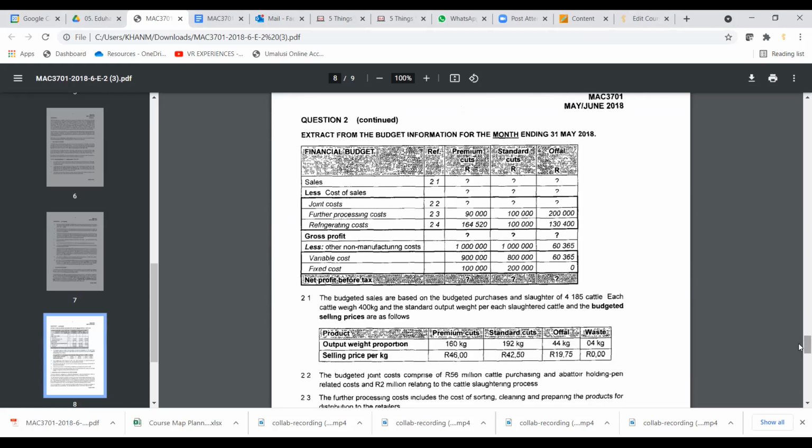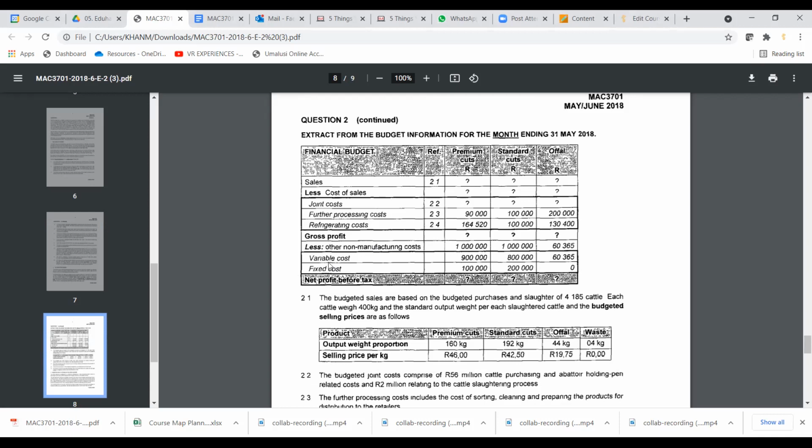Extract from the budget information for the month ending 31 May 2018. Here we have sales less cost of sales. When you see cost of sales, you know it is absorption costing. When you see gross profit, you know it is absorption costing. Then we have less other non-manufacturing costs, which is variable and fixed. Remember, like I explained in video number 1, with the absorption costing method, above gross profit we are dealing with manufacturing costs.